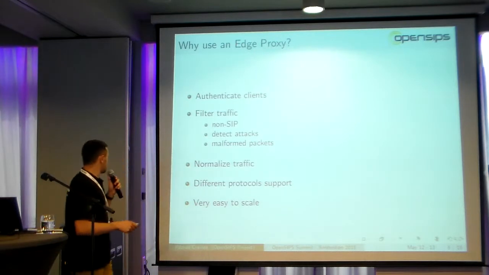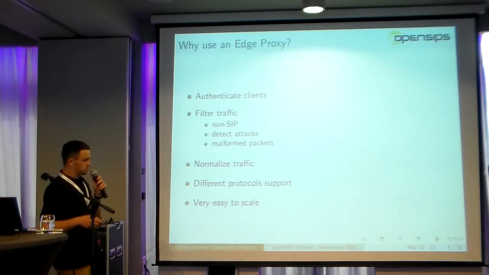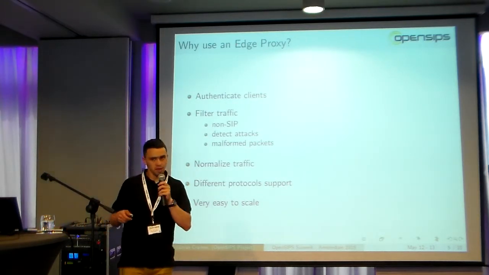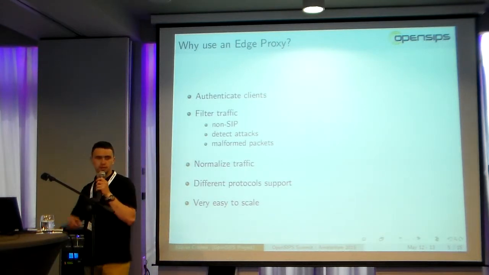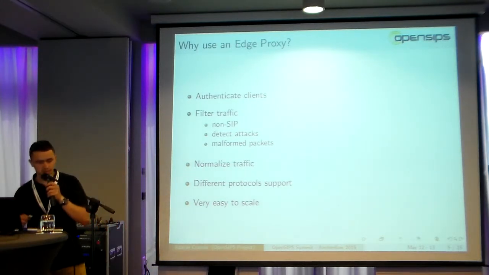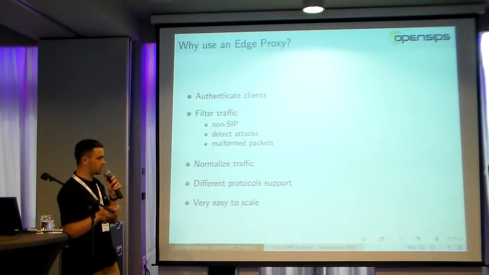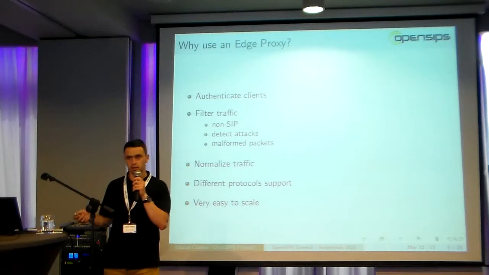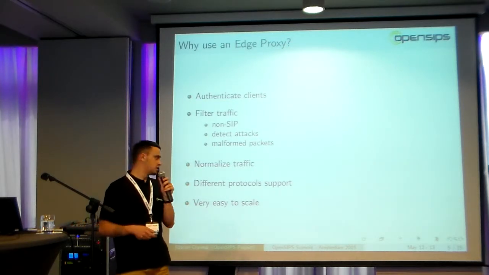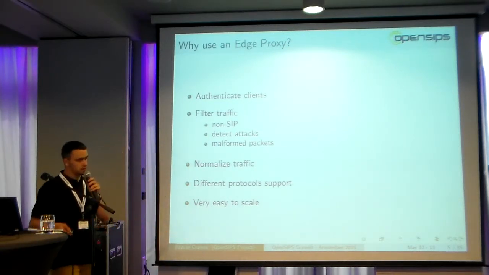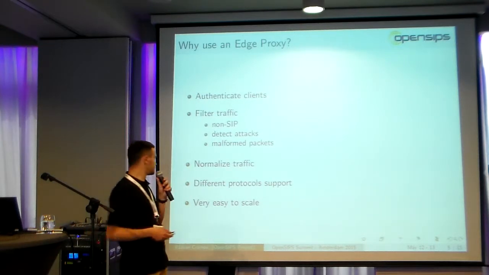Different stuff like normalizing the traffic. For example, having big SIP packets, it's not worth having big SIP packets over our entire network if only the end client, the end user, uses them. So we can add some headers or remove them.